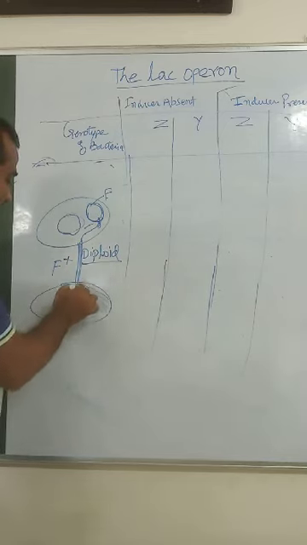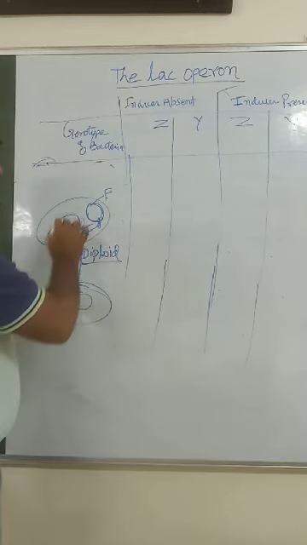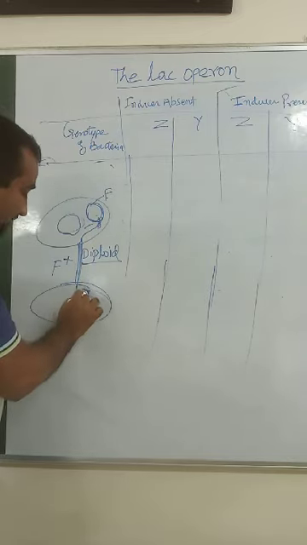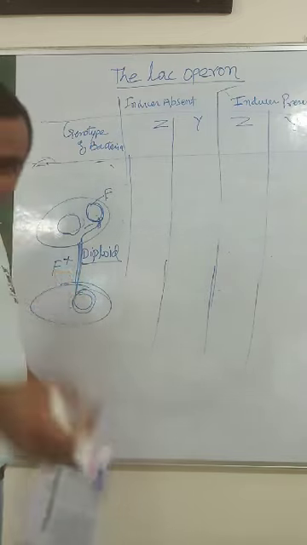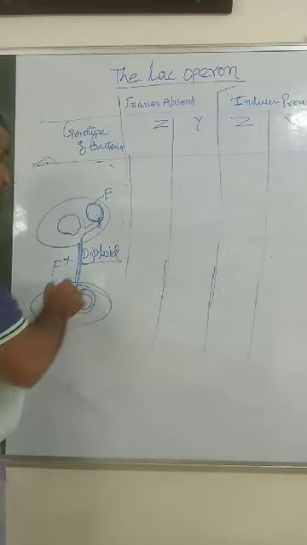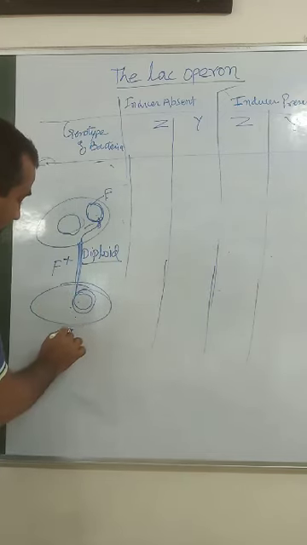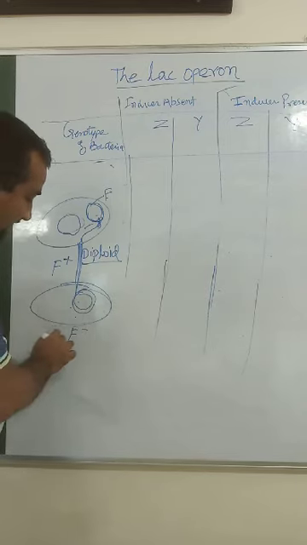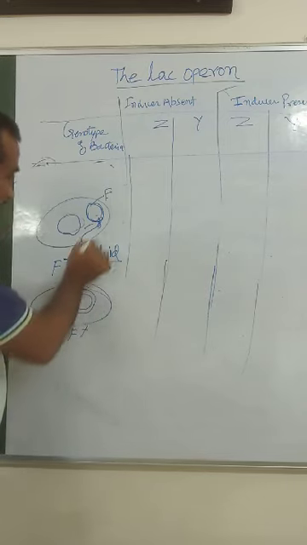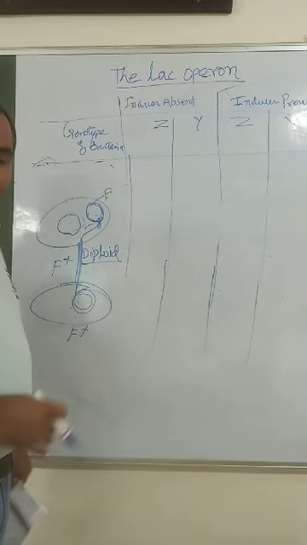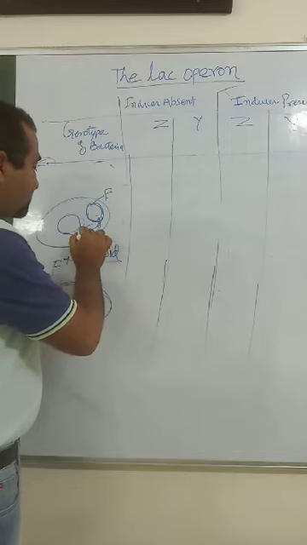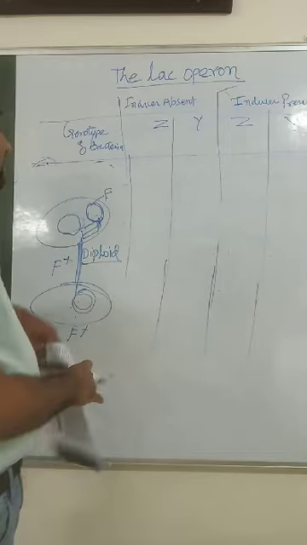So this bacteria receives one copy of this bacterial plasmid, and this one copy produces its complementary copy. And now this second bacteria, which was primarily F negative, after getting one copy of this plasmid becomes F positive.